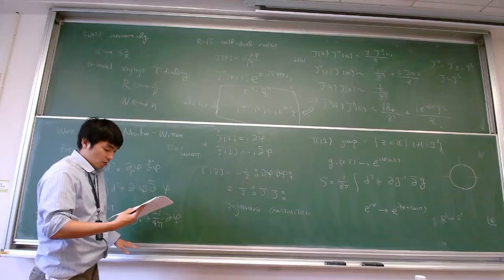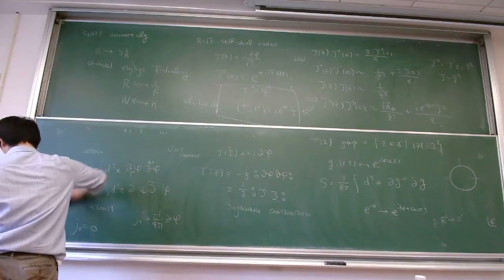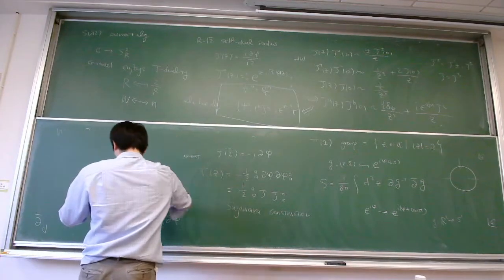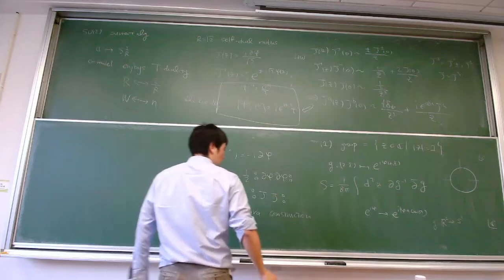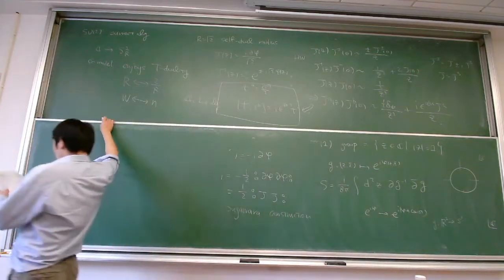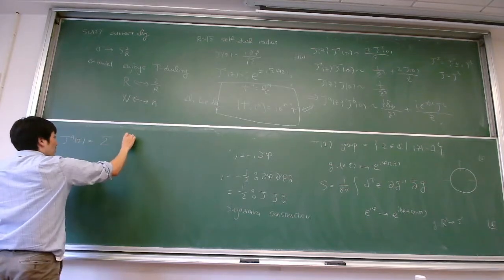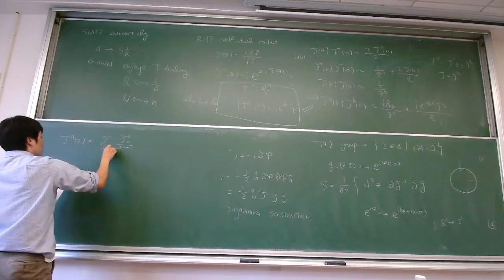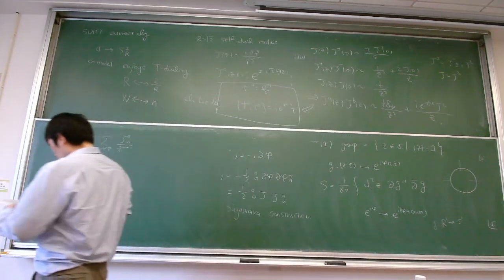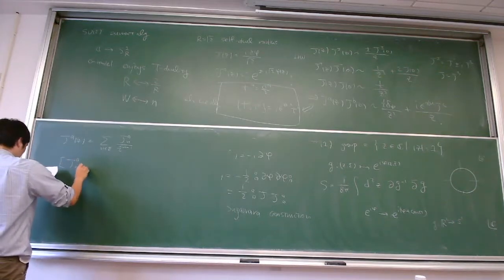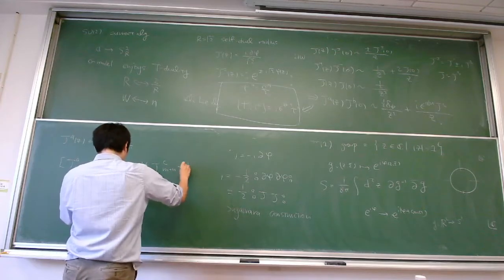And in fact, if you define the modes of this J^A by mode expansion, and if you use this relation, you can show that [J^A_m, J^B_n] is equal to i epsilon^ABC J^C_{m+n} plus (m/2) delta^AB delta_{m+n,0}.